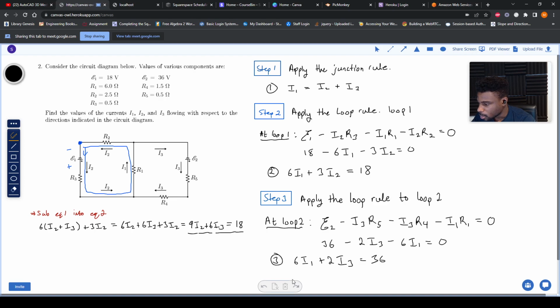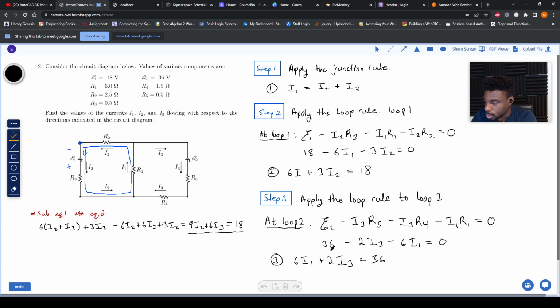Now, let's look at equation number 3. Is there anything we can do between equation 1 and equation 3 to help us solve? Well, you can solve for I1. Just plug in I1. Right, so we can take equation 1 and also substitute that into equation 3. That way we end up with another equation in terms of I2 and I3.